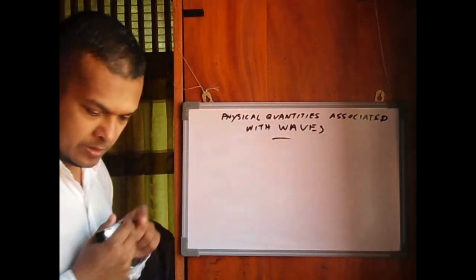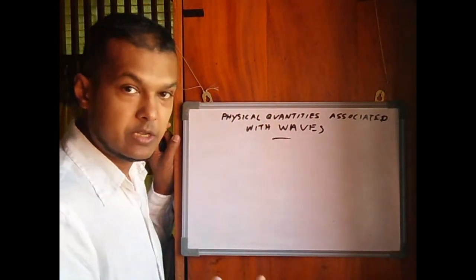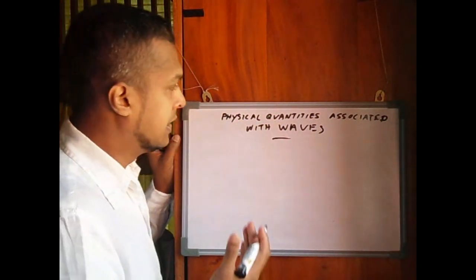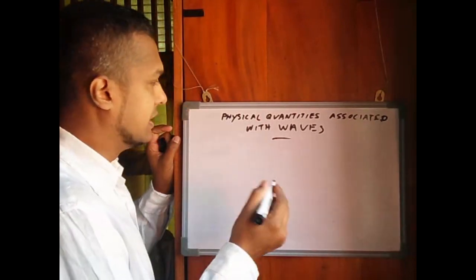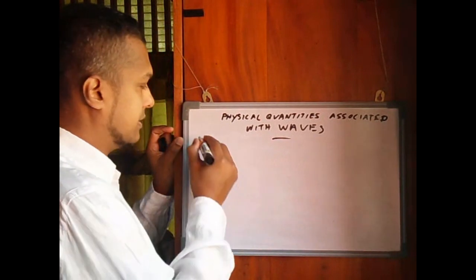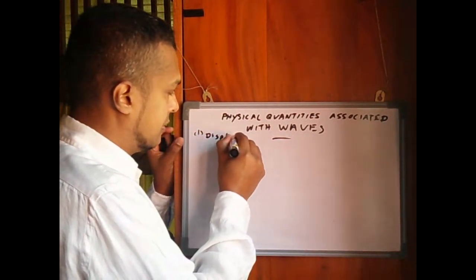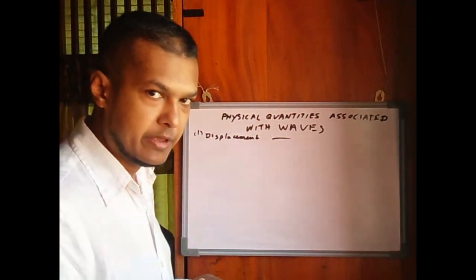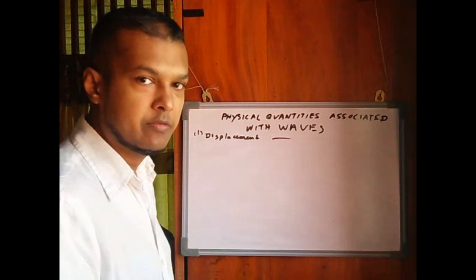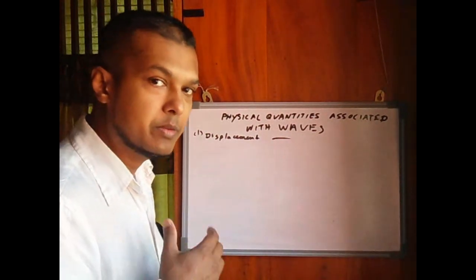So basically, when you consider the physical quantities associated with waves, the major parameters we need to consider are, first, displacement, because without a displacement there wouldn't be a wave, because a wave is a motion where the particles cause displacement of the medium.